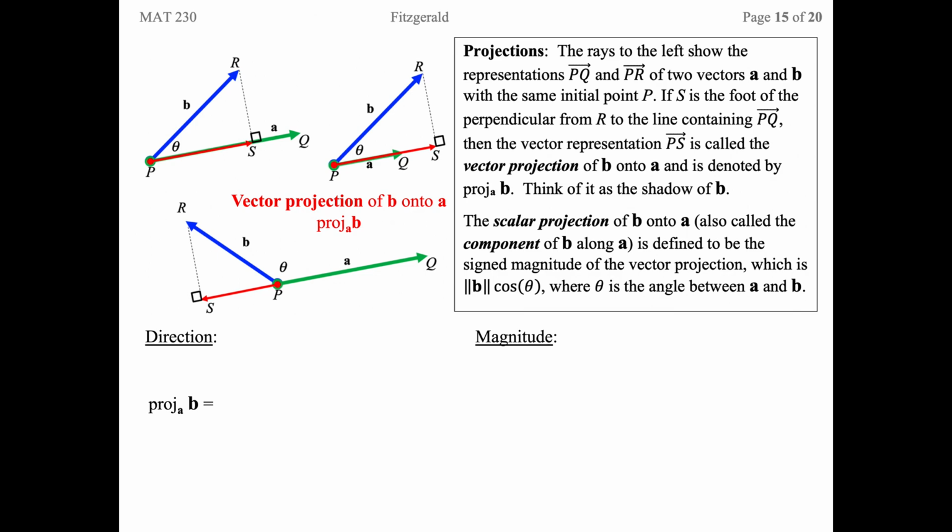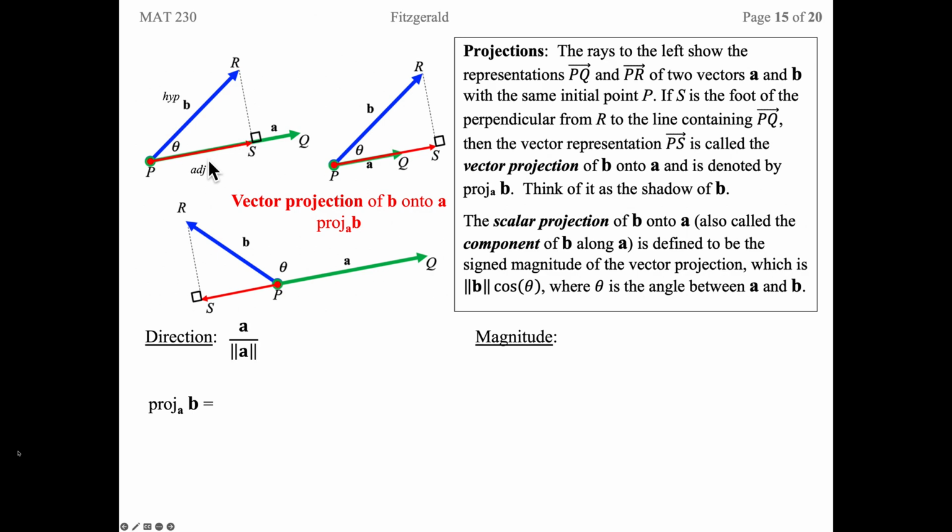Now, the scalar projection of B onto A, also called the component of B along A, so they're interchangeable here, is defined to be the signed magnitude of the vector projection, which is the magnitude of B times the cosine of theta, where theta is the angle between A and B. So if we go up to this first diagram, think of this right triangle, PS, that's going to be my vector projection.